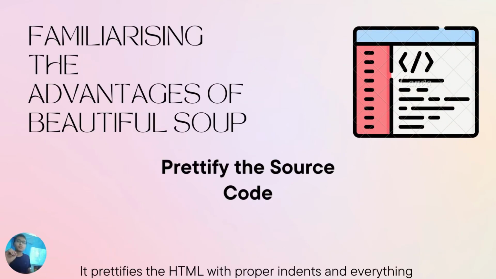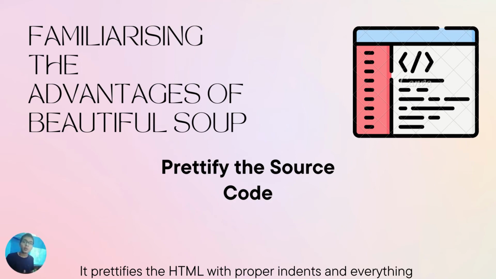Next, Beautiful Soup has a great feature: it prettifies the source code. Now, what does this actually mean? In simple words, it prettifies the HTML with proper indents and everything. To be more elaborate, the prettify method will turn a Beautiful Soup parse tree into a nicely formatted Unicode string with a separate line for each tag and each string.